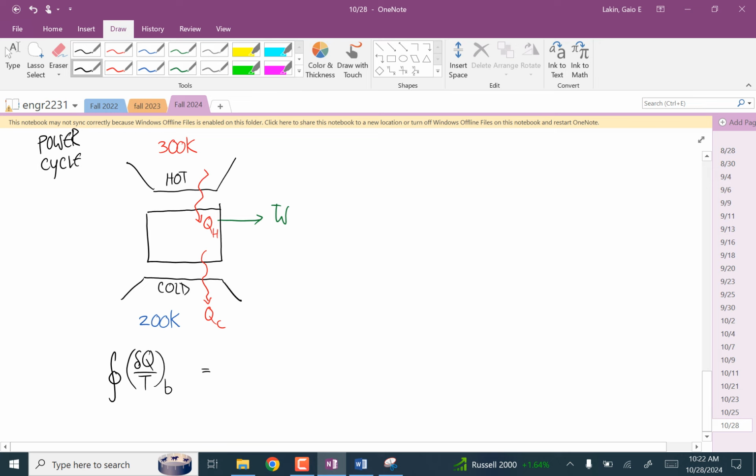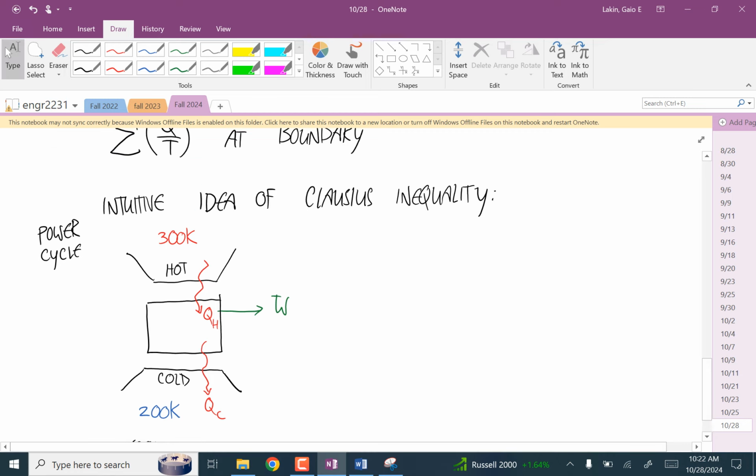There are only two places where heat transfer happens. And actually, this is wrong.